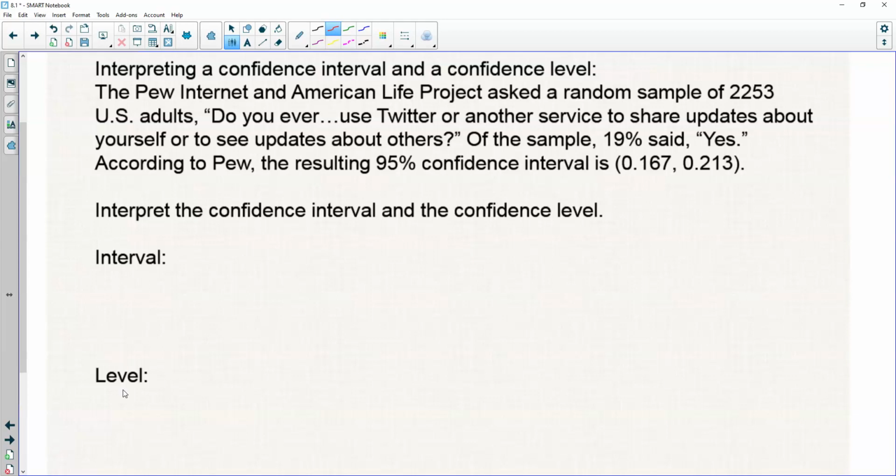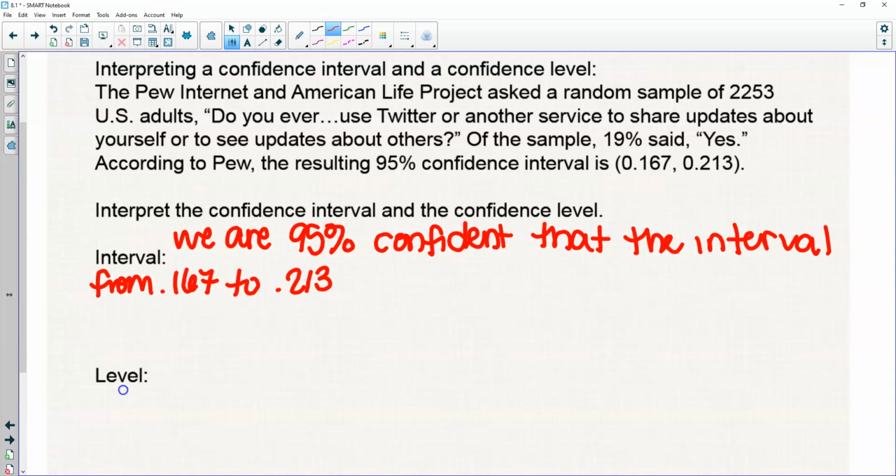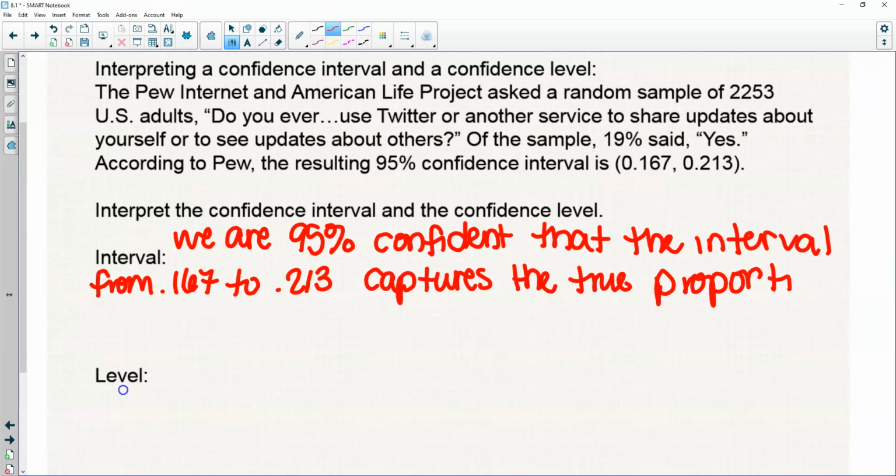So remember, with the interval, we always start with, and we always use the royal we here. We are whatever percent, in this case 95% confident that the interval from, and here we use the numbers they gave us, 0.167 to 0.213 captures the true, in this case we're talking about a proportion of all adults.